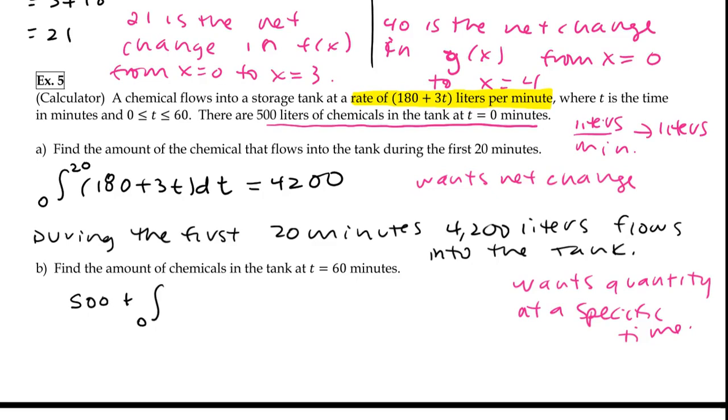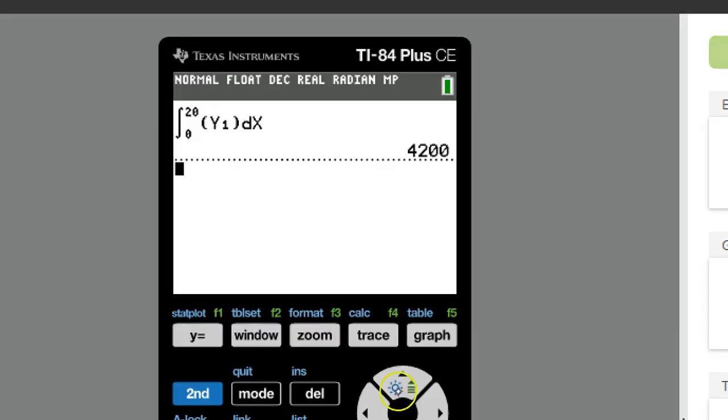So we're going to go from 0, and they want us to find out how much is in there at 60. Then we are going to go ahead and integrate our function, which is 180 plus 3t dt. And look, this is going to give us the net change, and this is plus how much we started with. Okay, back to our calculator. All we have to do now is take this, and what are we going from? 0 to 60.